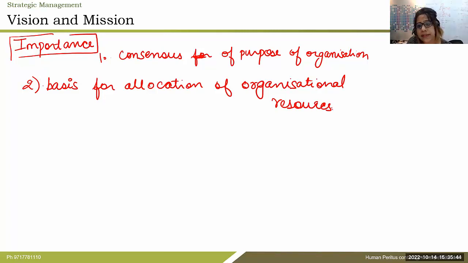My mission is that I have decided that in the next 2 to 3 years, I'm going to introduce 2 to 3 new products in my organization. These new products have to be developed, so we require organizational resources, more human resources, finances, and a research and development team who will tell us how the product is to be developed, right? So vision and mission are also important for the allocation of organization resources.